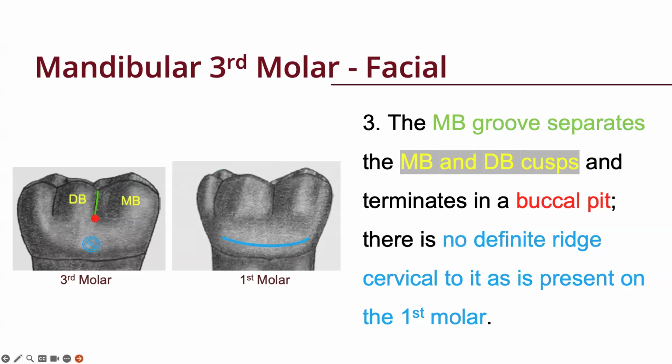Okay, so on the permanent first molar, again, you'll see a buccal pit similarly, but the cervical ridge here is more prominent. On the third molar, it's not as definite, a little bit more of a rounded profile.